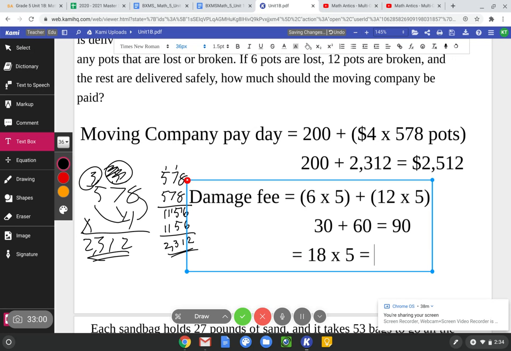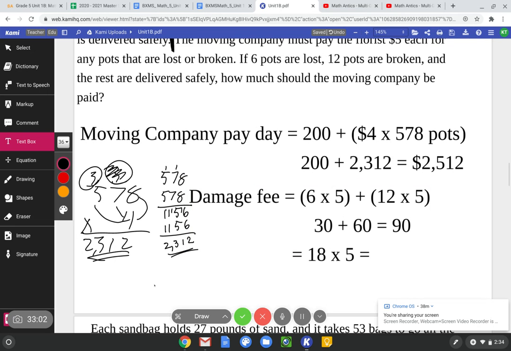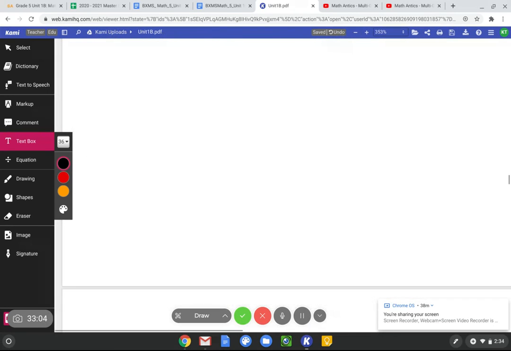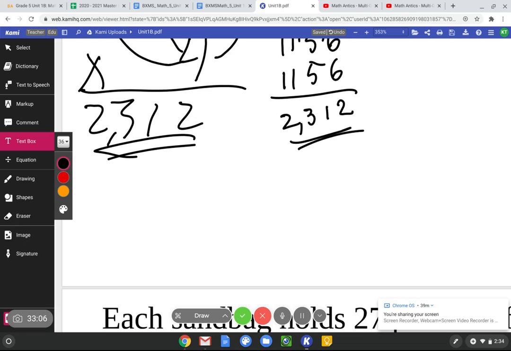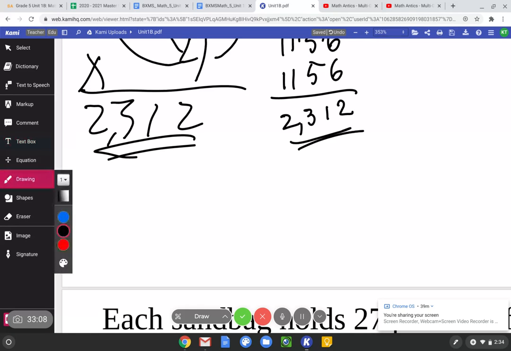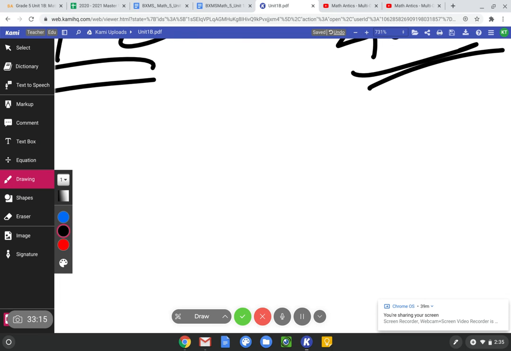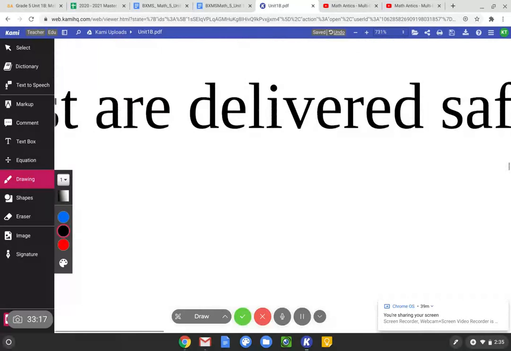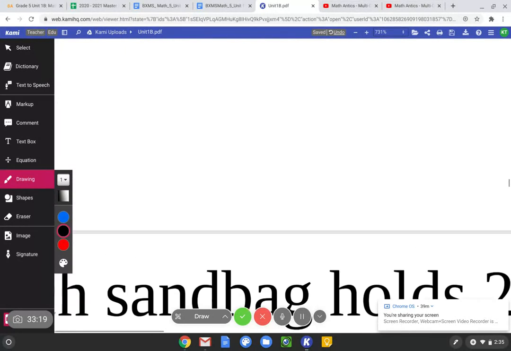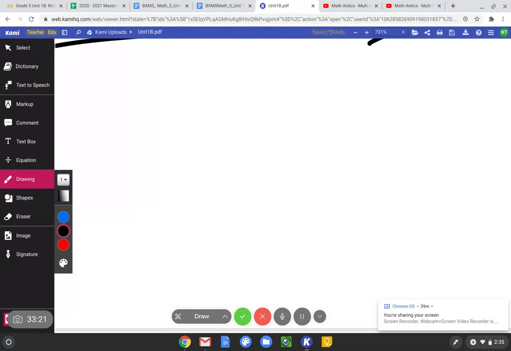So let me show you. Let me do the math over here really quickly. That's a bit too close. I want to make sure we are neat and we can see. Oh, sorry, y'all. Okay. 18, 5.